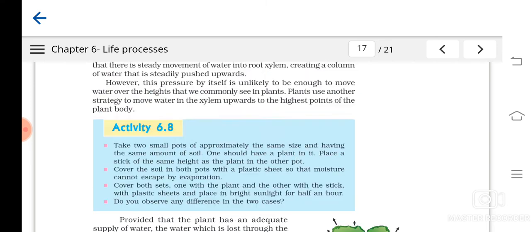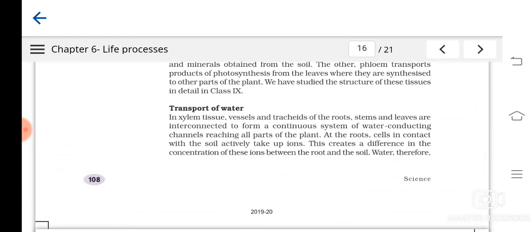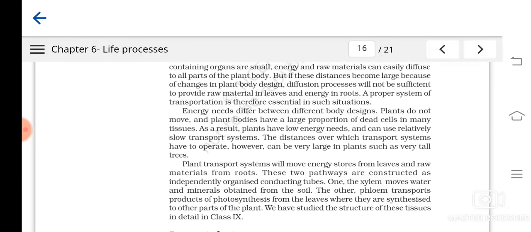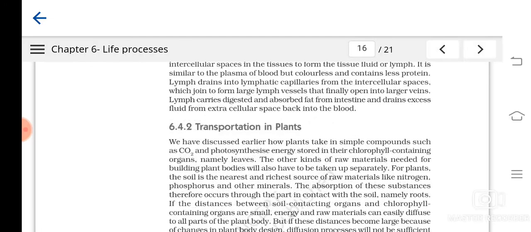Is it clear? Minerals are also dissolved in this water and get transported. So absorption of water and ascent of sap, it is very clear to you. And this you can see is a passive process, meaning there is no need of energy for this.